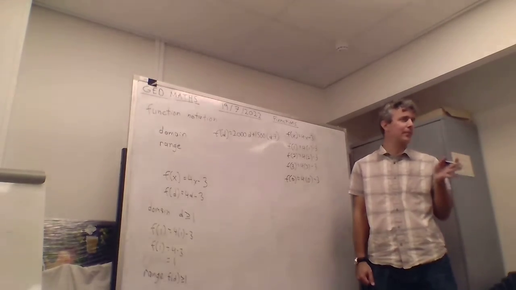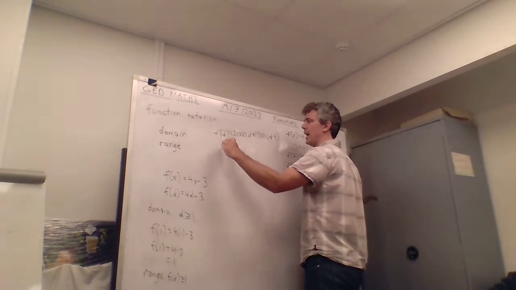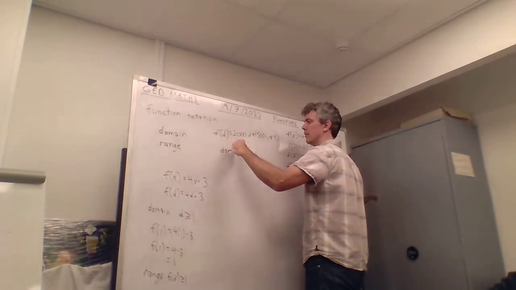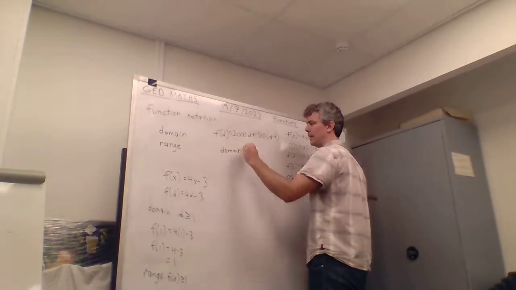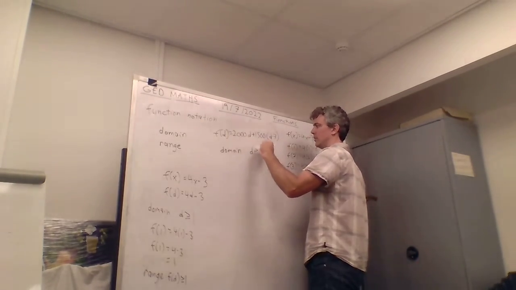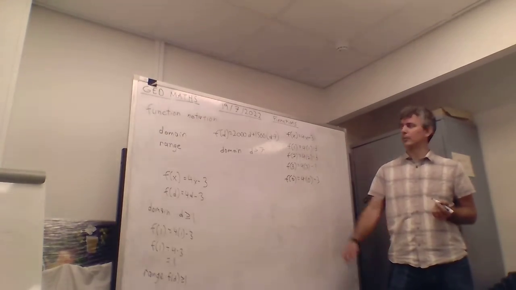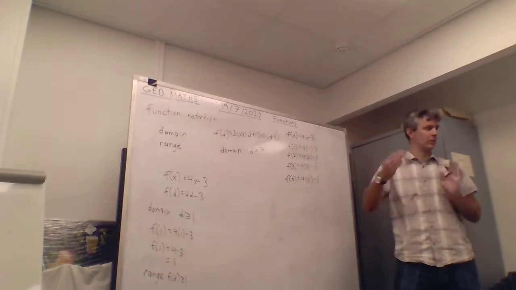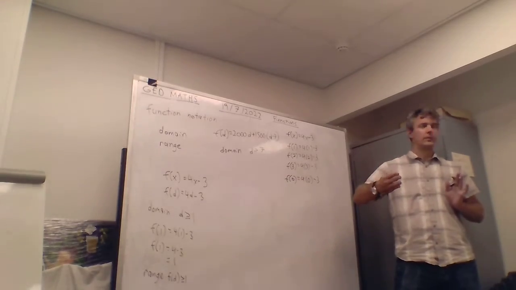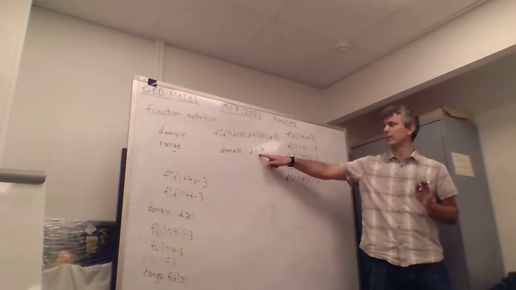Days have to be more than 7. So that means our domain is that our days are greater than 7. Right? Because we can't have less days than a week, because it's starting from 1 week. So our domain is days are greater than 7.